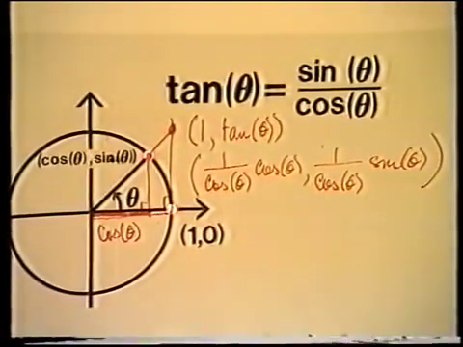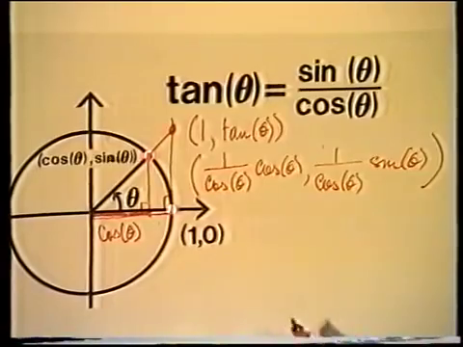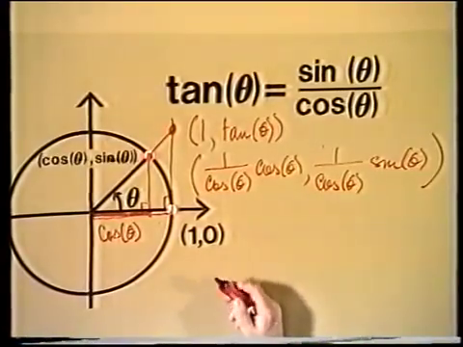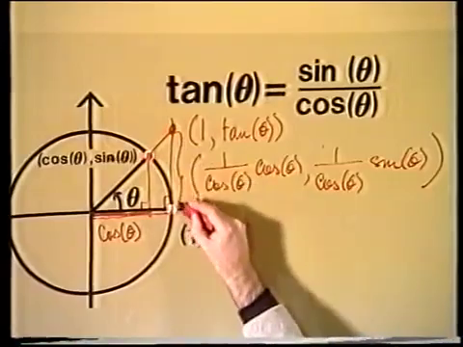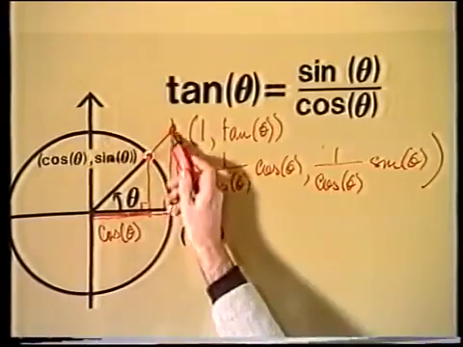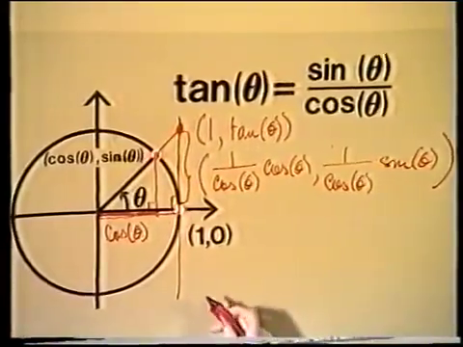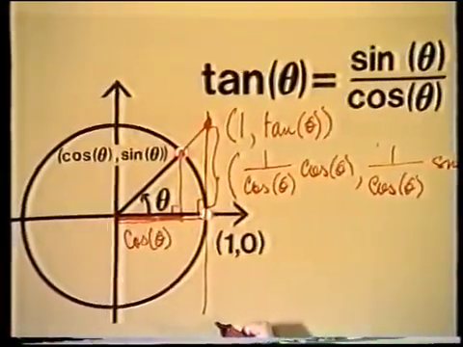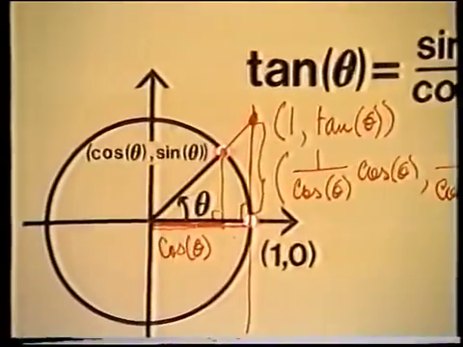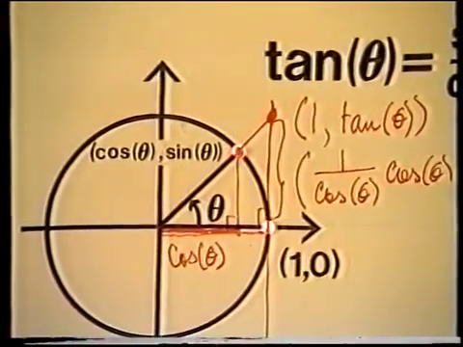And that is 1, tan theta. So the y-coordinate is tan theta, and it's this length, and it's cut off by the angle theta along this line. And that line's a tangent to the circle. And in fact, that's where the trigonometric tangent gets its name from.